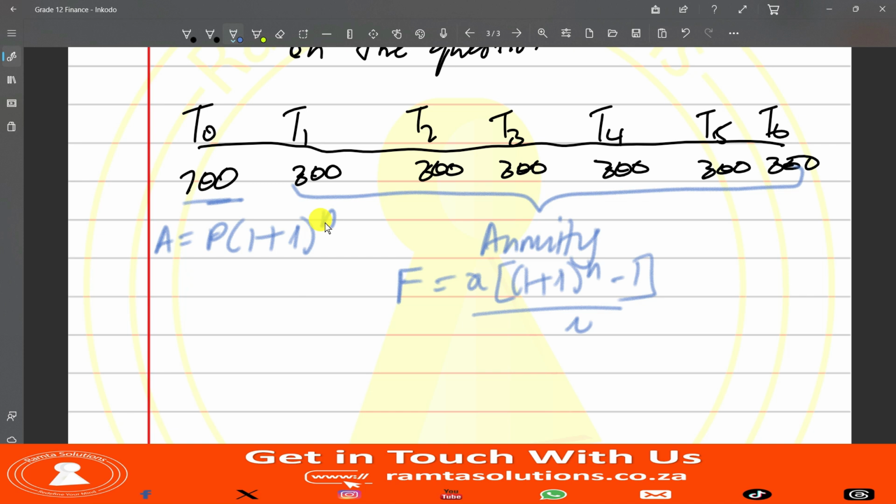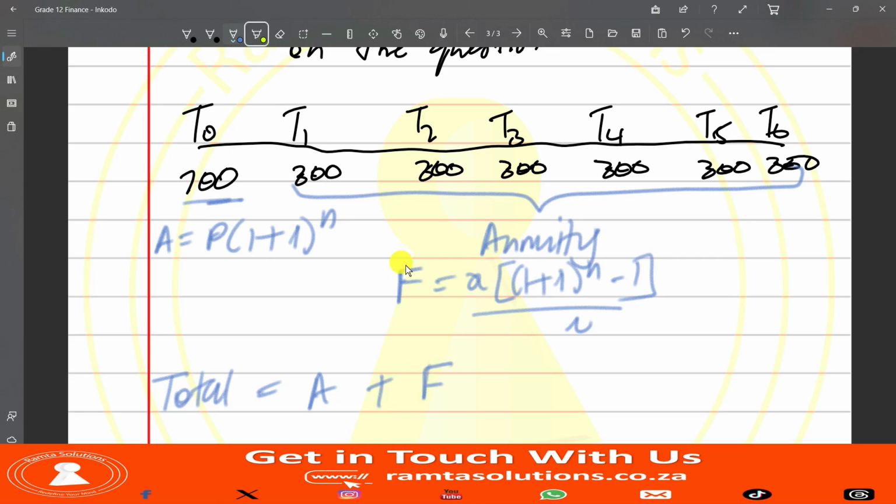What does it represent? It represents the number of times the amount is quoted. So this is not an annuity, but this is an annuity. In total, the lump sum will be this A plus this F.